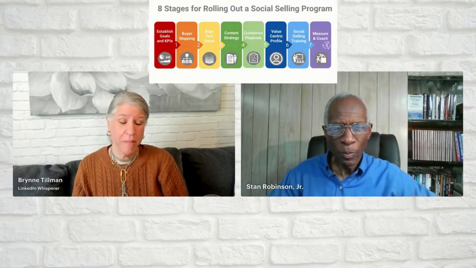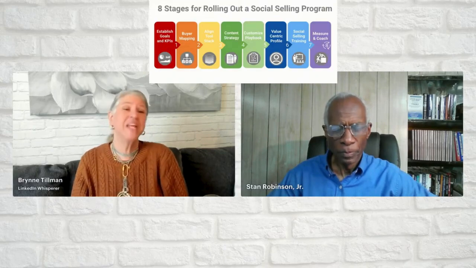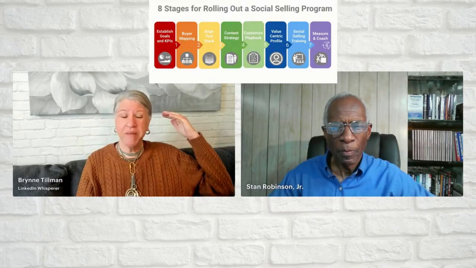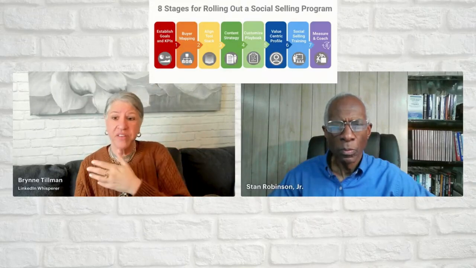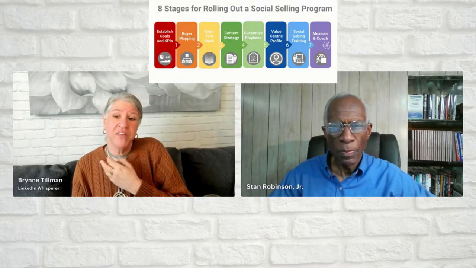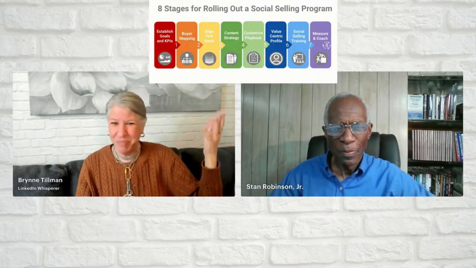Yeah, perfect. So the next one is buyer mapping. And buyer mapping can show up in many different ways. Buyer mapping could be based on a geographic territory. It could be based on industry. It really could be based on roles. So buyer mapping is not just who are my buyers, with the 6.8 decision makers in every complex deal, right?